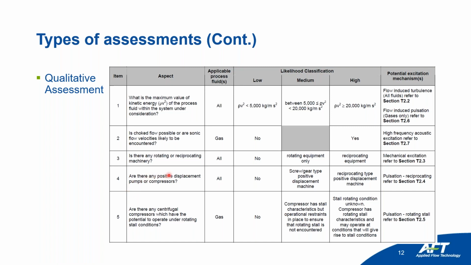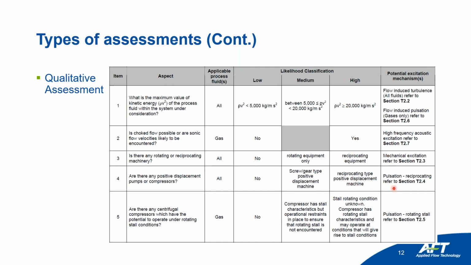The question here is, are there any positive displacement pumps or compressors? If the answer is no, your system is low risk. If the answer is screw or gear type of positive displacement machine, it's medium risk. If the answer is reciprocating type of positive displacement machine, it's high risk.